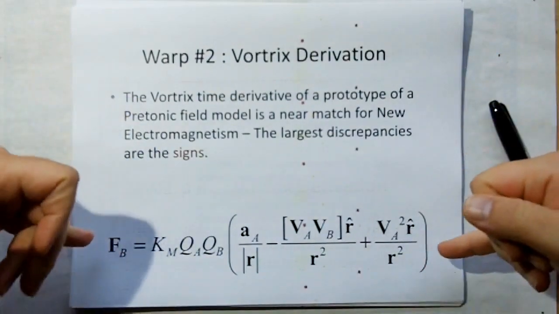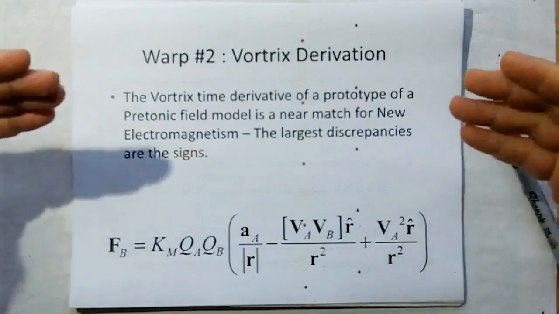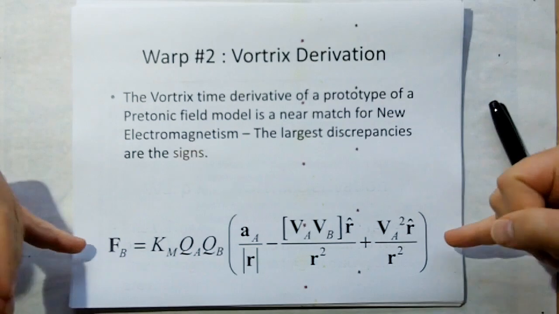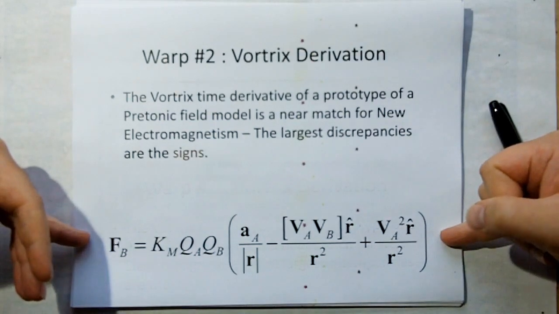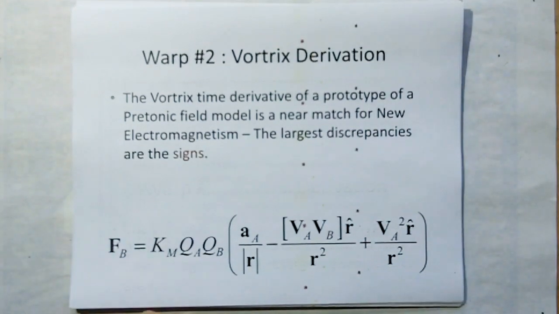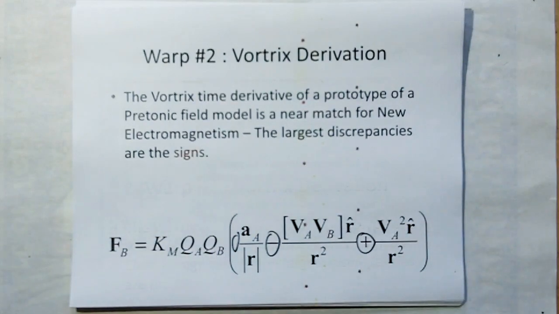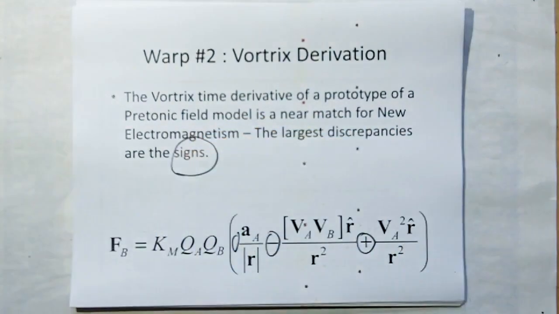This shows the derivation using a theoretical pretonic field model and going through a time derivative in Vortrix Algebra, and we come up with this, which is very, very close to all the new electromagnetism terms. The big discrepancy was that the signs were all wrong. Or not all of them wrong, at least two of them are wrong. So we have a sign issue. That's why I'm putting these in red. At worst case, again, we have an issue with signs.